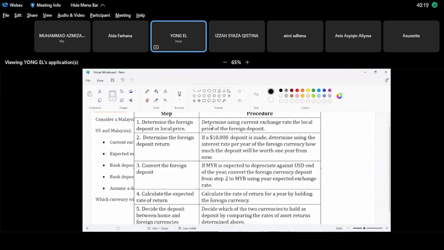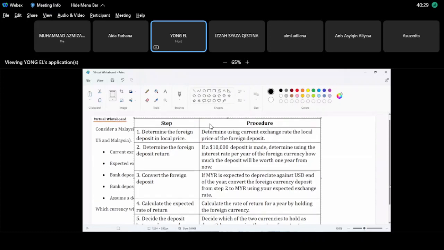In the first step, we determine the foreign deposit in local price. Remember this one. The first step means if we want to deposit our money in a foreign currency, we need to understand how much local currency we need to pay in order to get the foreign currency.